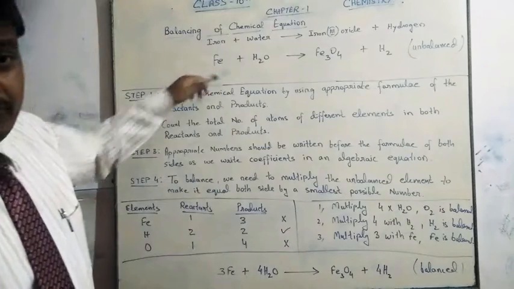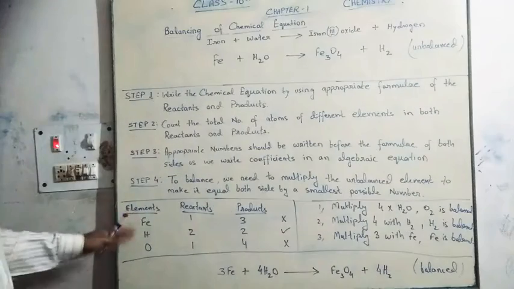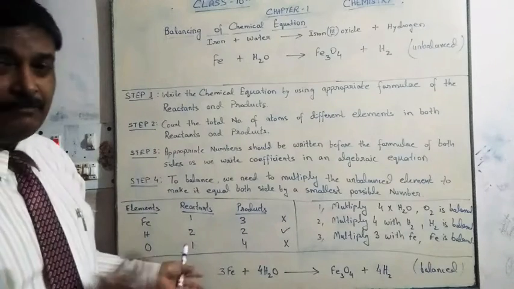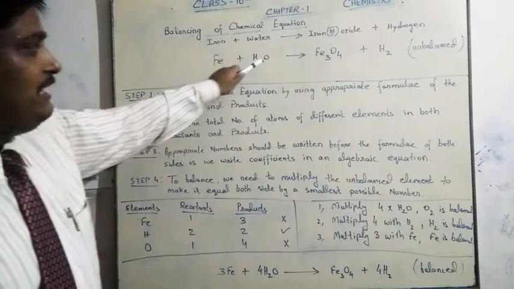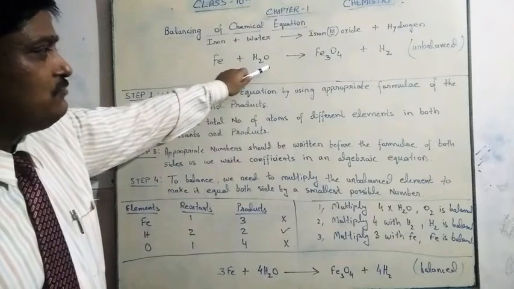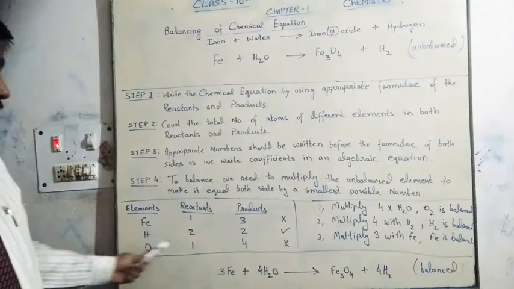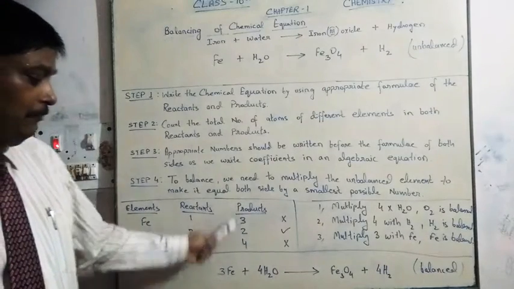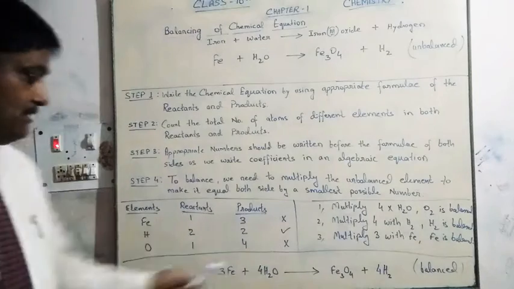Whatever the number of elements is, you have to take it down as a summary. Next is oxygen. Here the number of atoms of oxygen is 1, while in the product it is 4. Now again it is not balanced.